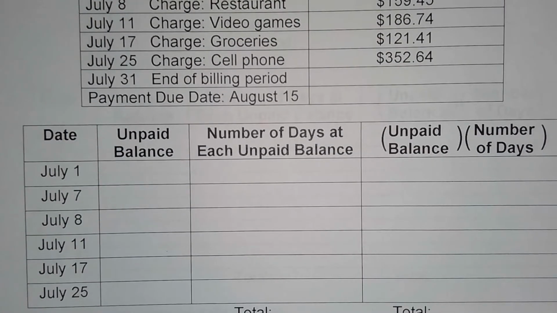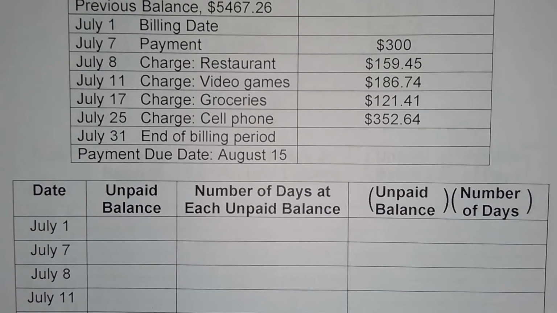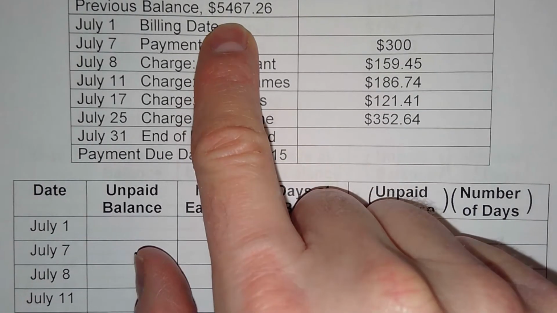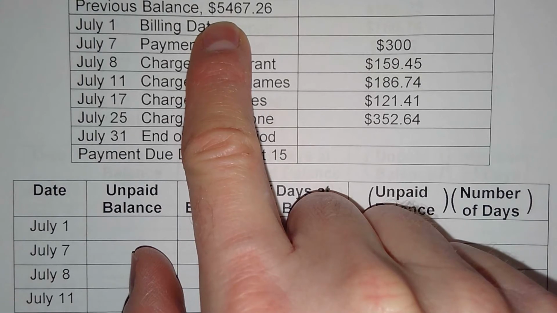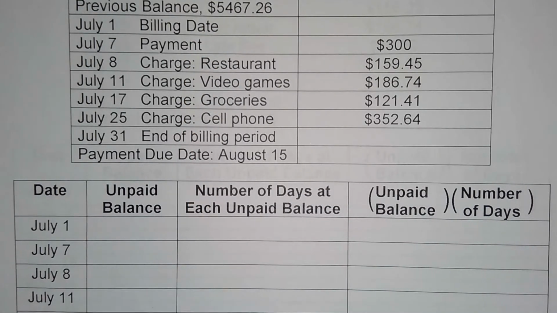So starting on July 1st, our unpaid balance is $5,467.26, so that's what we're going to put here.